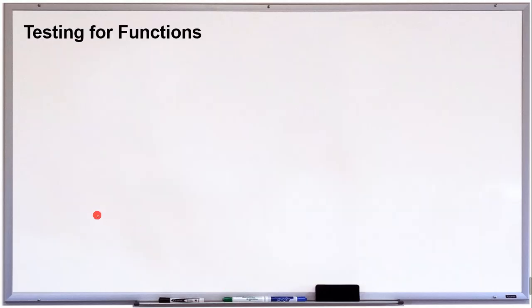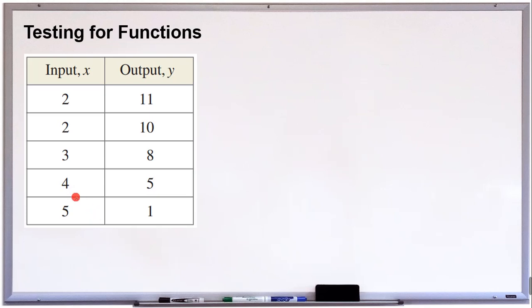Now let's try some examples. We're going to test whether a given set is a function or not. So for our first example, we have input values of x. This will be our independent variable, and then our output y will serve as our dependent variable.